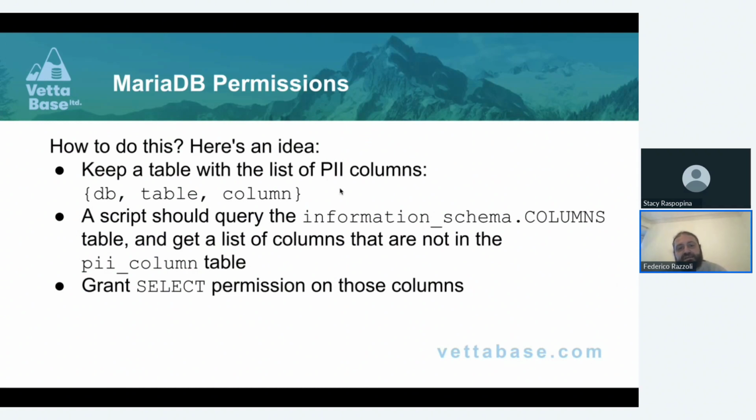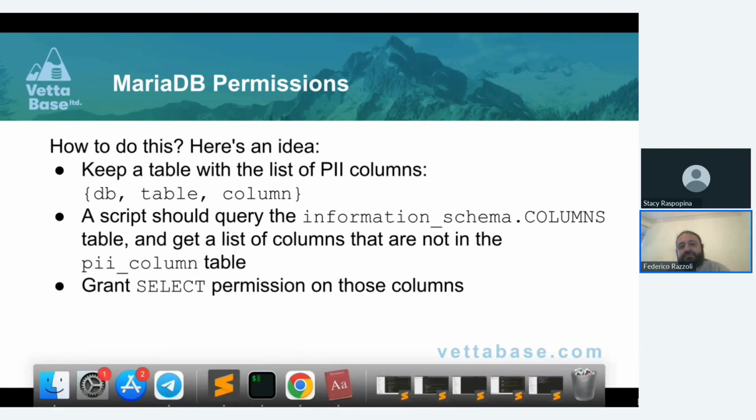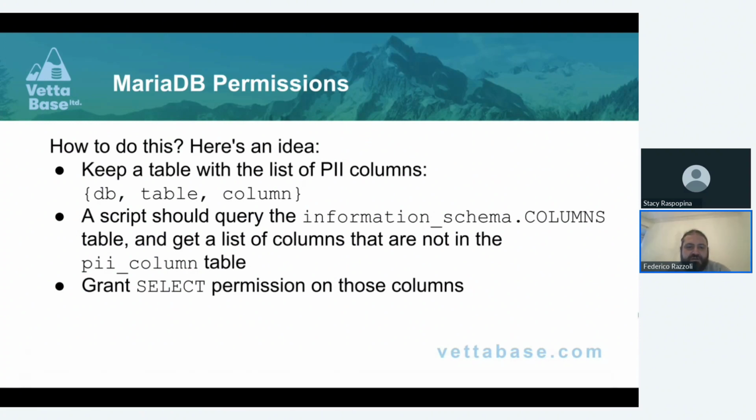Note that in theory, you don't need to include database name and table name in the PII columns table. But there is one condition. Your schema must follow strict naming rules.